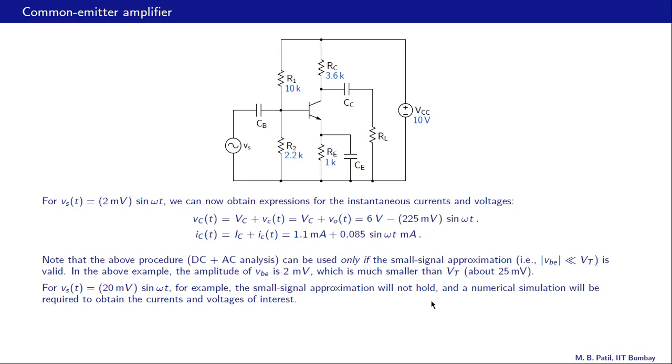In that case, a numerical simulation will be required to obtain the currents and voltages of interest. In such a simulation, the transistor model is considered, for example the Ebers-Moll model or a more advanced model like the Gummel-Poon model, and the circuit equations for the entire circuit are solved simultaneously to obtain the solution.